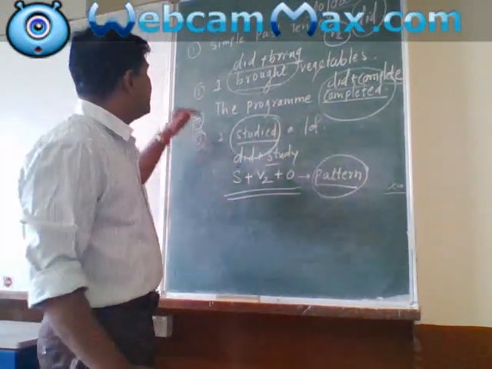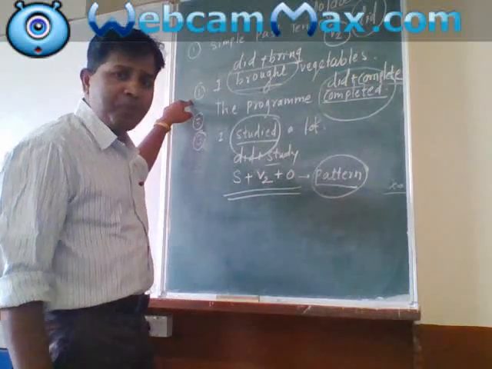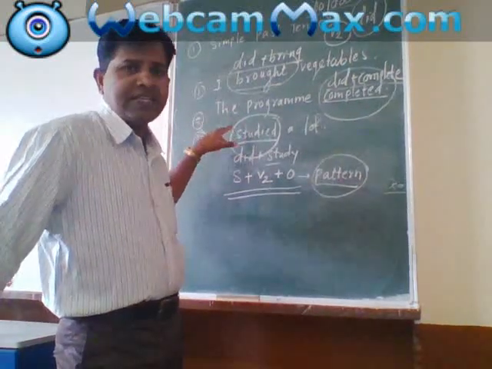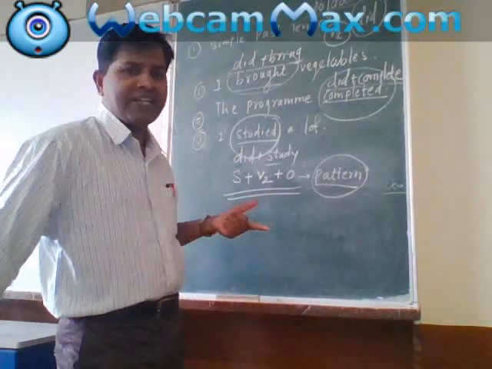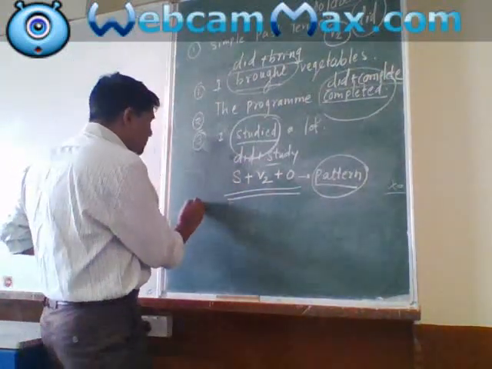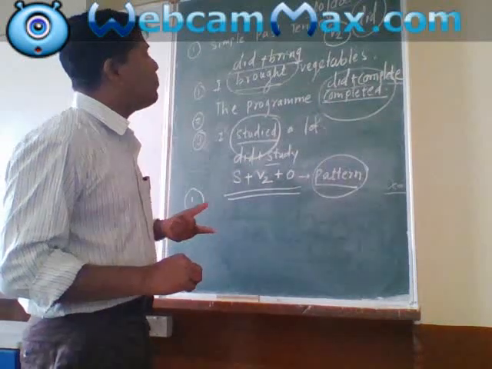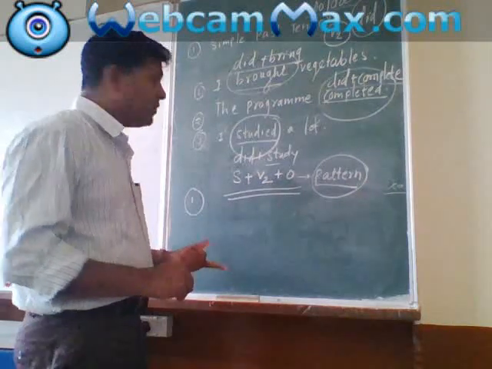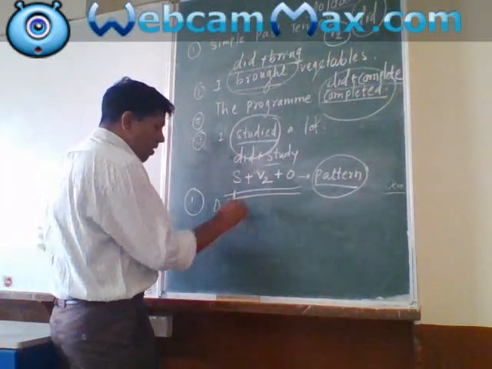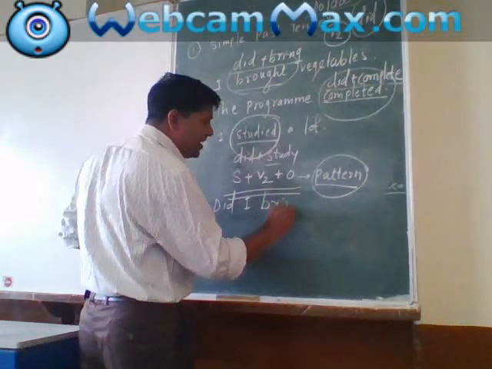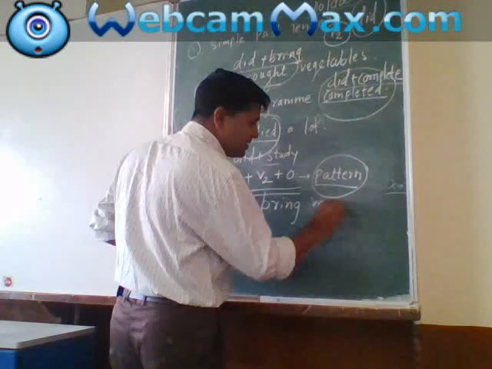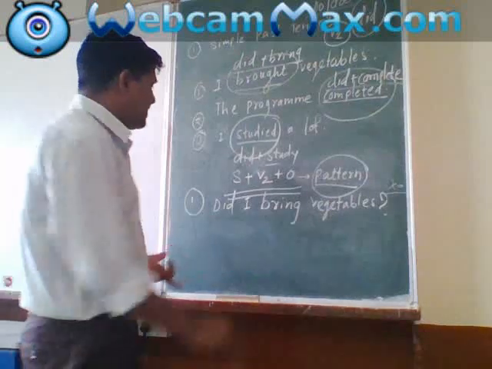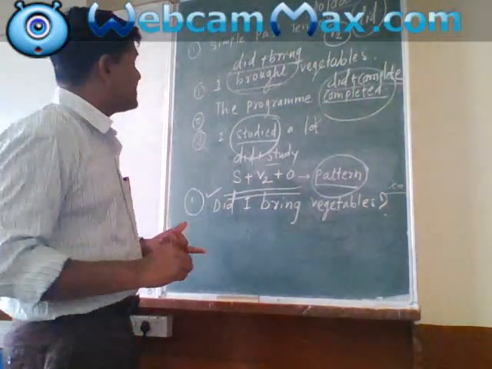Okay. Now if these simple past sentences are assertive sentences and we convert them into interrogative sentences, then the first sentence, I brought vegetables, will be: Did I bring vegetables? It is an interrogative sentence.